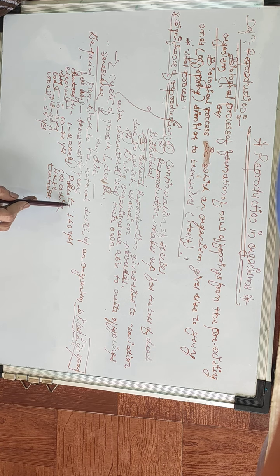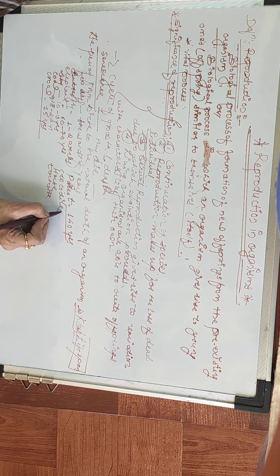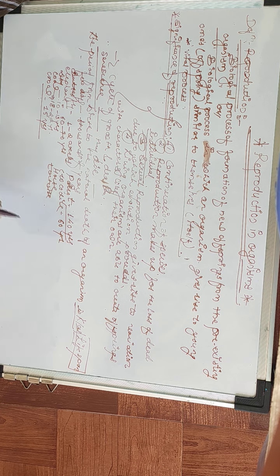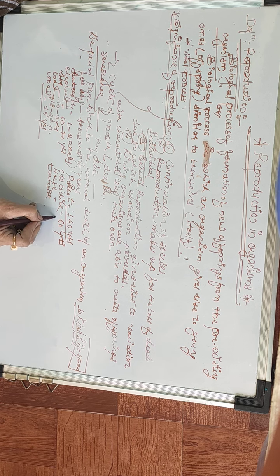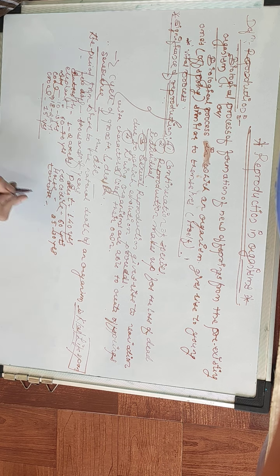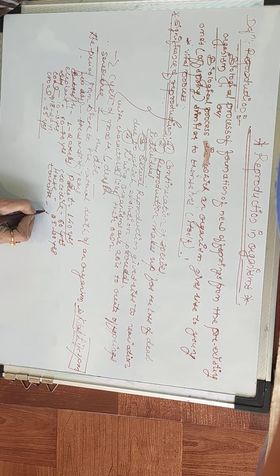Just imagine, the crow and parrot are the same size. Still, crow has a lifespan of only 15 years, whereas this parrot has a lifespan of 140 years. Then crocodile has a life of 60 years, right? Horse has a life of 25 to 30 years, whereas the tortoise has a life of 100 to 150 years.